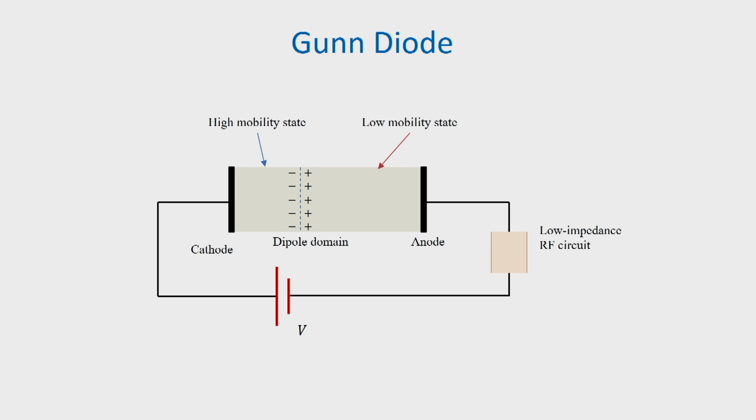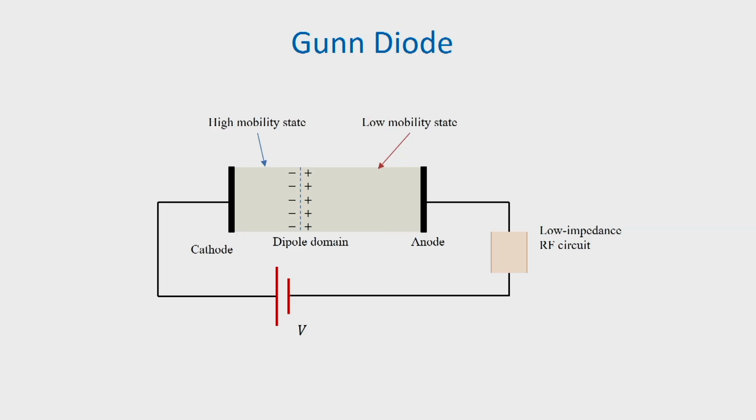This dipole domain actually sweeps across the device, and a new domain can only be formed when this dipole domain is collected at the anode.